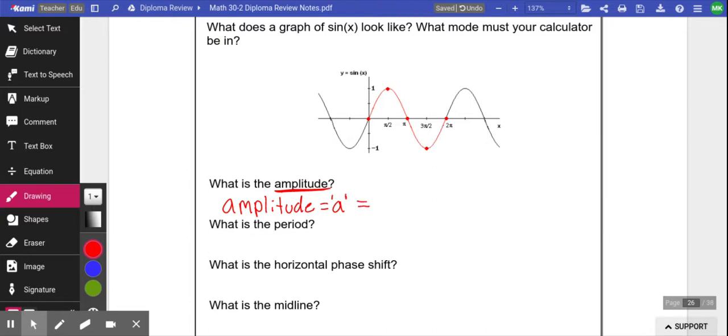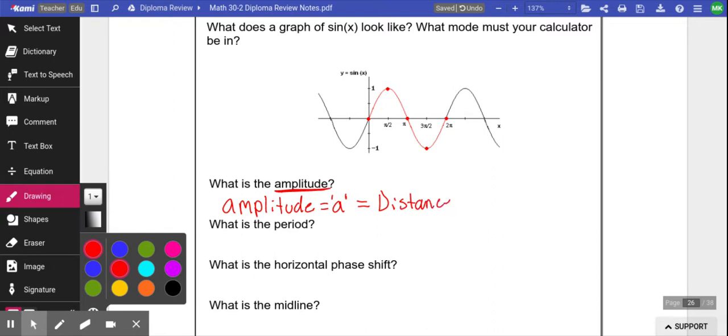The amplitude is the distance from the top or bottom to the middle.